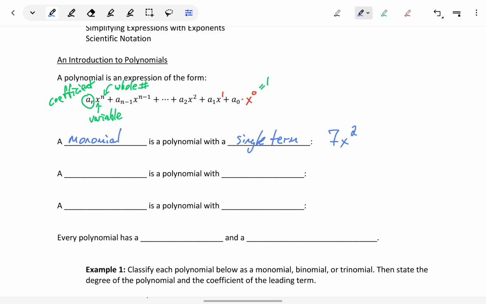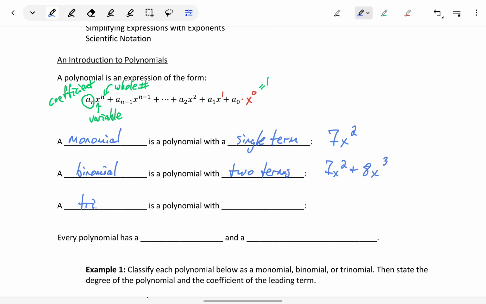It's a single term, but we have a coefficient multiplied by a variable raised to a whole number power. We also have binomials, where we have that prefix bi, meaning 2. So that's a polynomial with two terms, something like 7x squared plus 8x cubed.